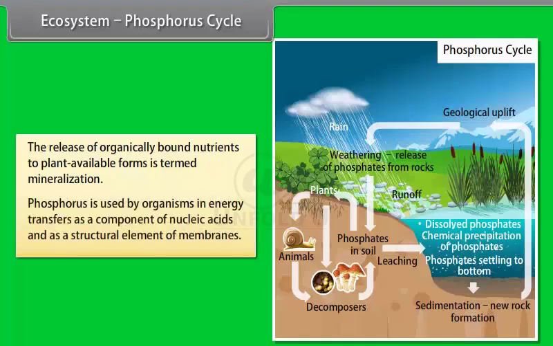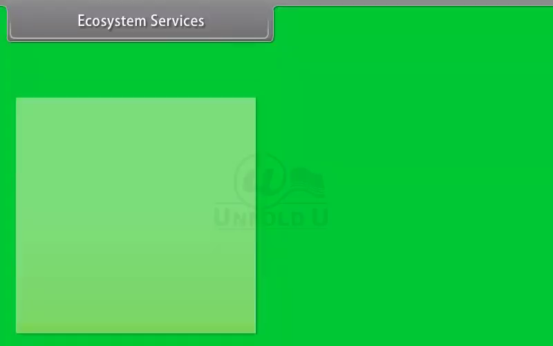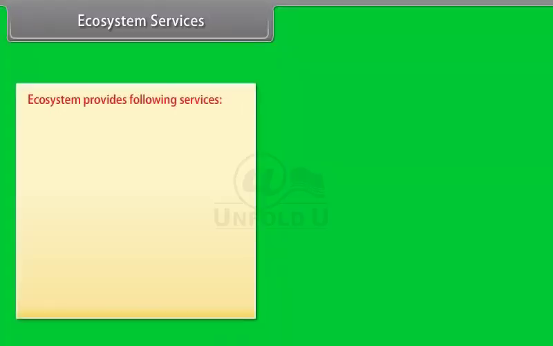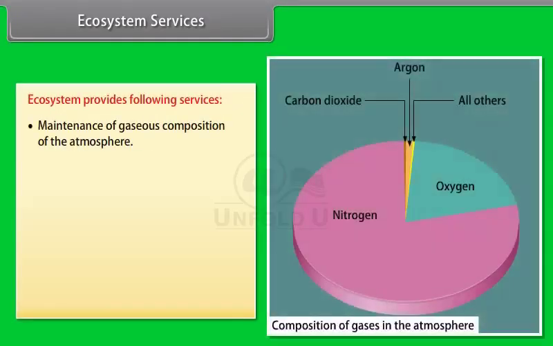Phosphorus is used by organisms in energy transfers, as a component of nucleic acids, and as a structural element of membranes.